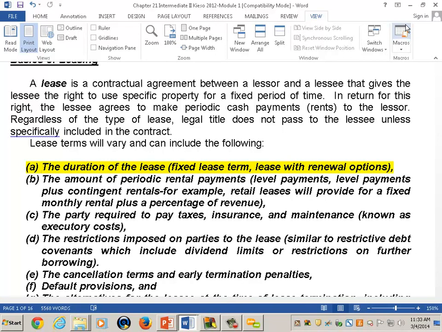Or we're going to include it in the lease payment, it's paid to the lessor, and the lessor remits.